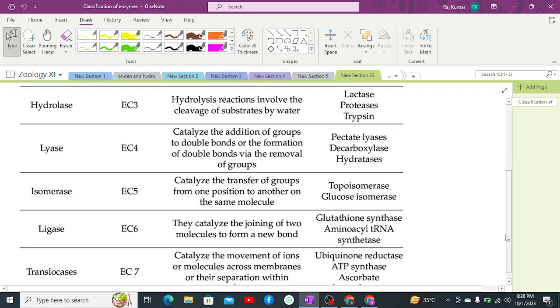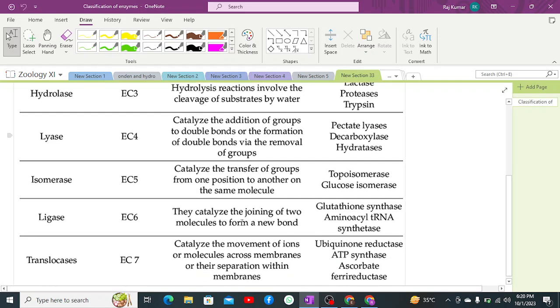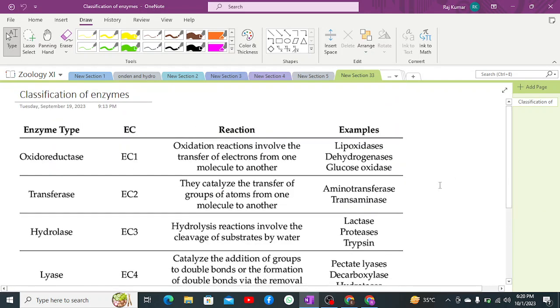So here isomerase involves the example of phosphohexose isomerase, whereas transferase includes hexokinase.